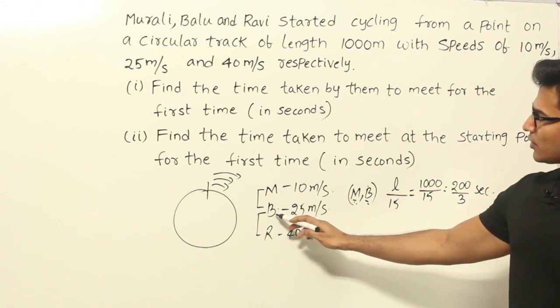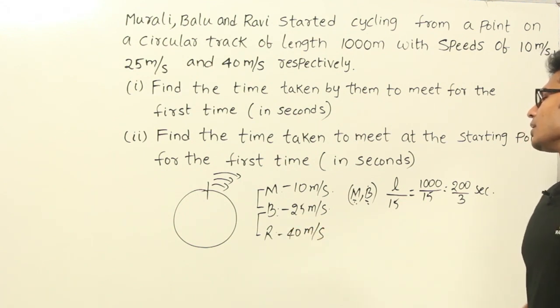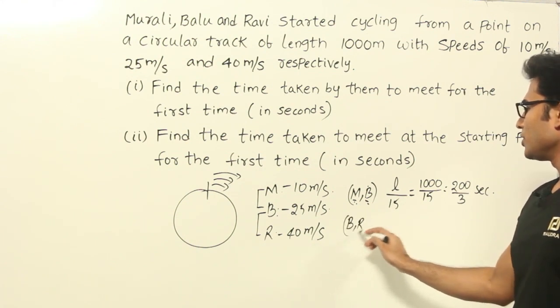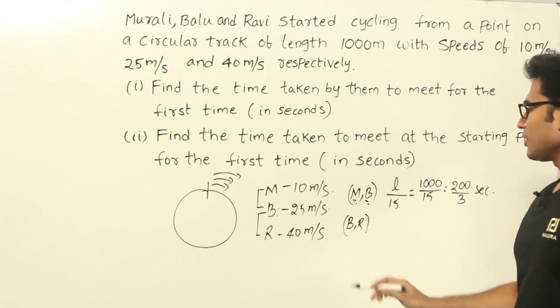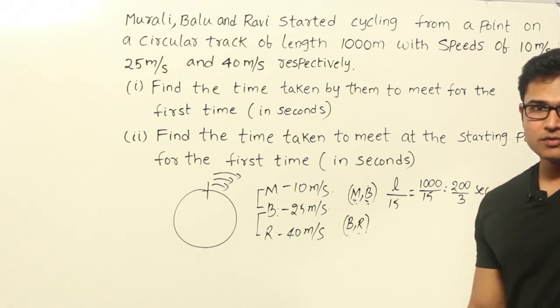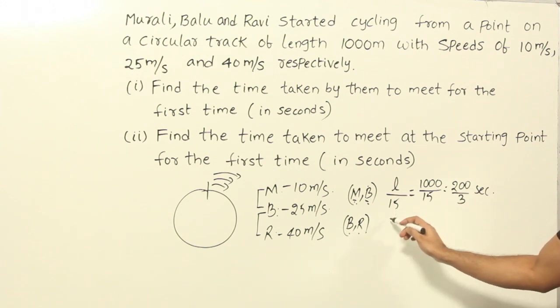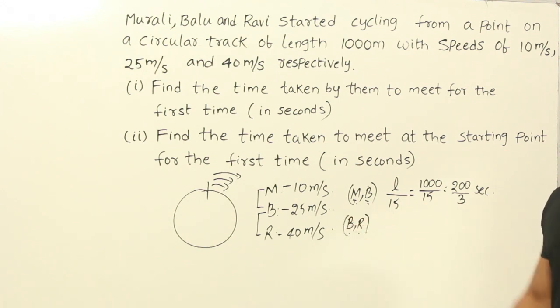Now similarly, if you compute this one, Balu and Ravi. Now Balu and Ravi are going to meet when Ravi is going to make one more round compared to Balu, right? Therefore in this case you are going to get again length divided by the difference, which is nothing but 15.